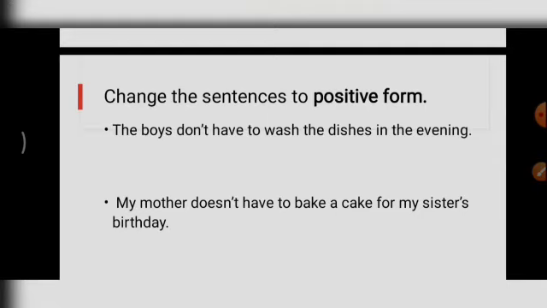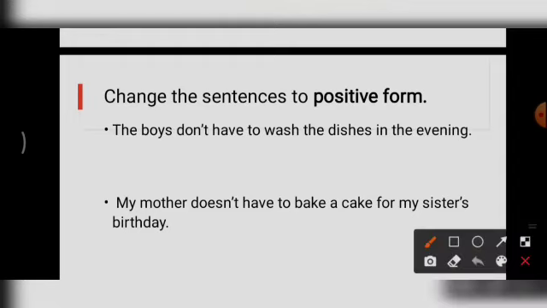Kalau positive form kita guna apa? Positive form kita guna has to or have to. Has to is for singular, and then have to is for plural.